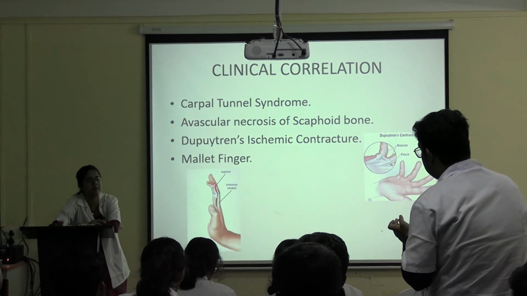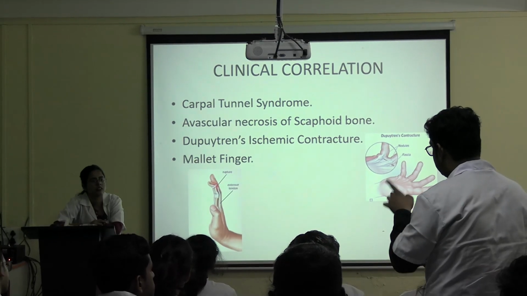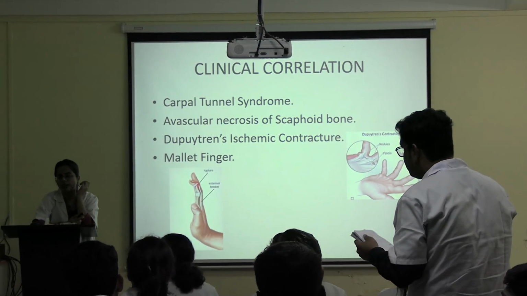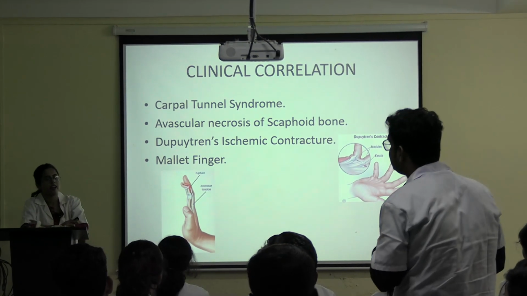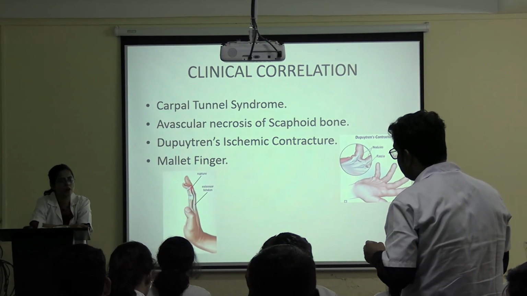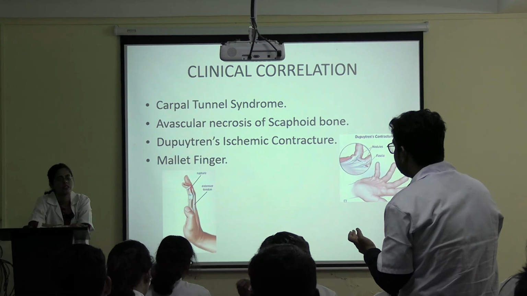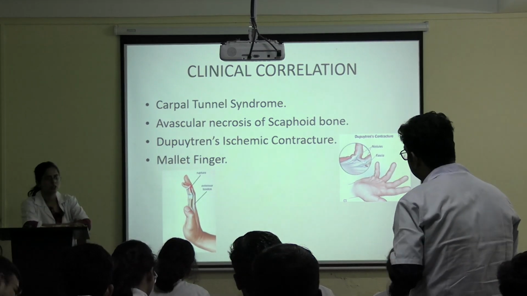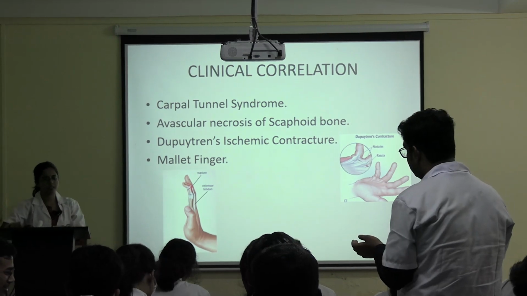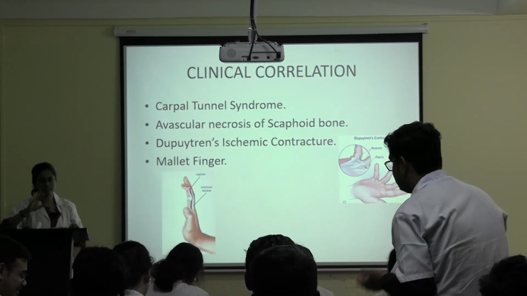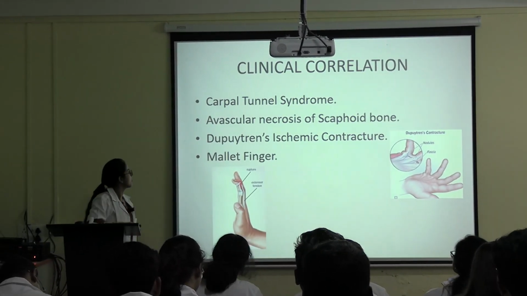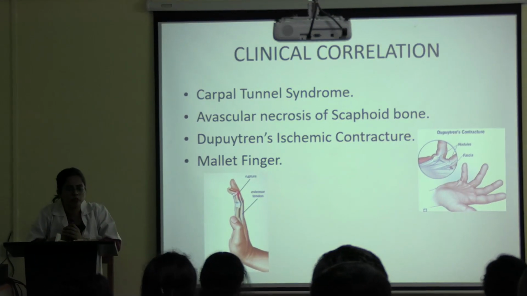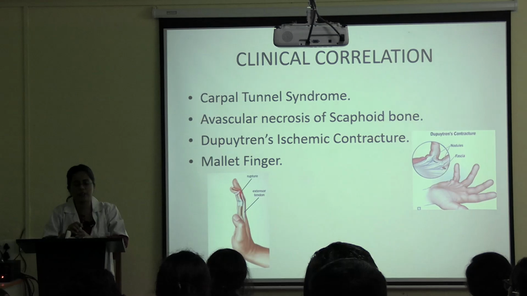From where does the fracture line pass? No, the fracture is at the waist of the scaphoid, and the blood vessels pass from distal to proximal. So if it gets fractured, blood supply will be disrupted. Okay, sit down. Clear?